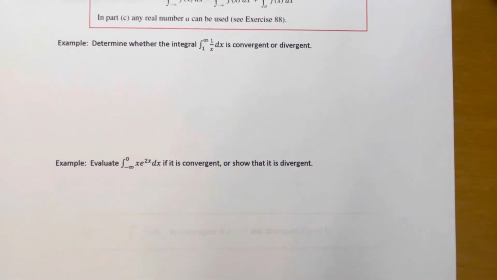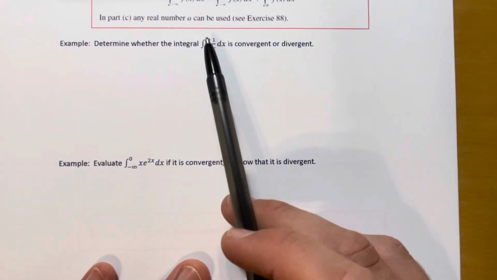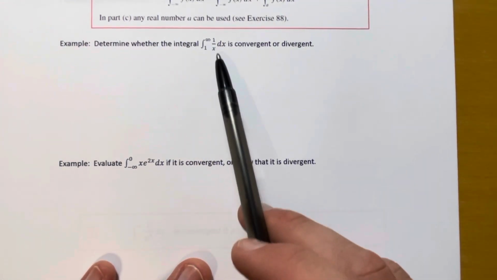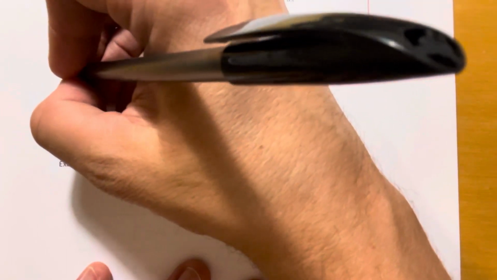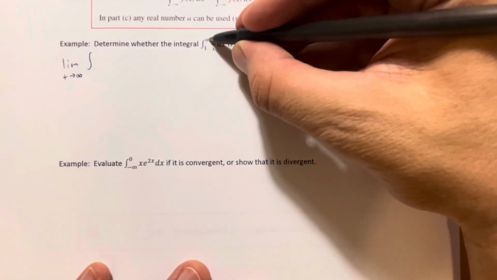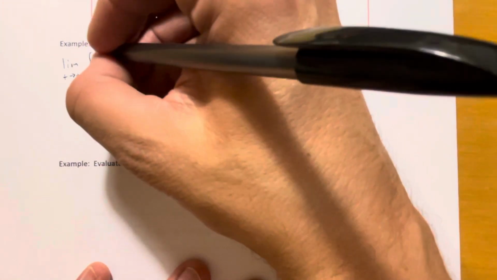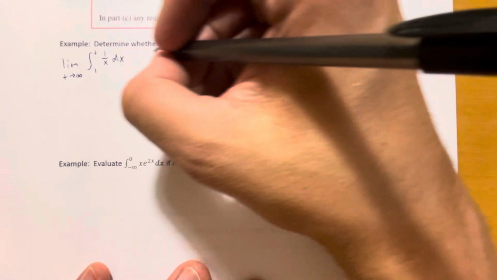Okay, let's take a look at an example. I would like to determine if this integral going from 1 to infinity of 1 over x dx is convergent or divergent. So the first thing I want to do is rewrite that integral as a limit. I'm going to replace the infinity here with the t that I'm using there, 1 over x dx.